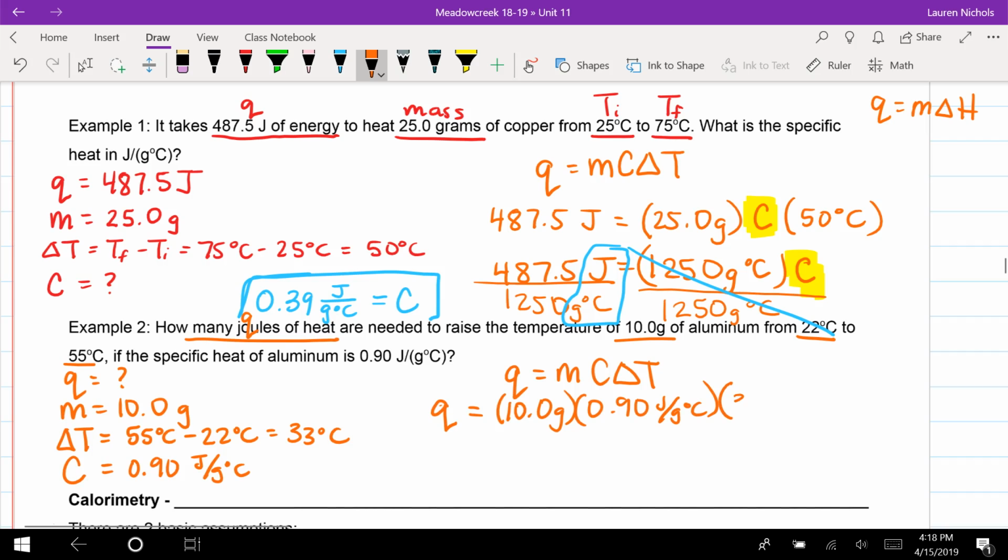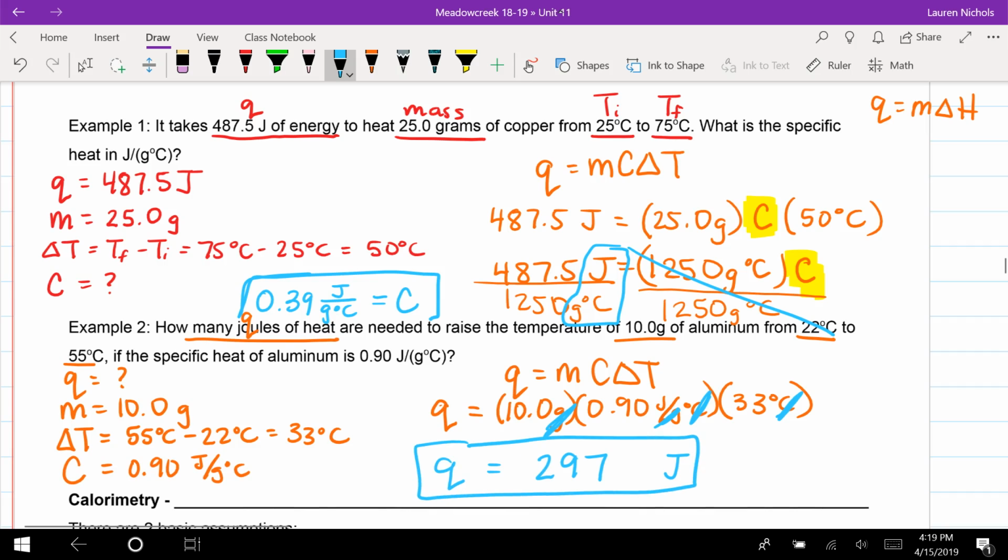And our delta T is 33 degrees Celsius. So here we see that I'm going to have several units cancel out. My grams will cancel out with grams, Celsius with Celsius. So that means only joules will be left. And we multiply our numbers. So 10 times 0.90 times 33 will give us 297 joules. And that would be the amount of heat needed to raise the temperature.